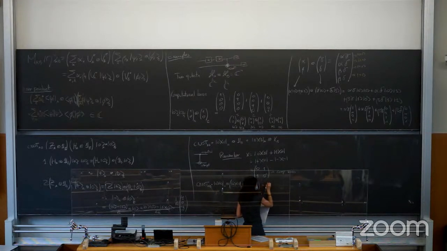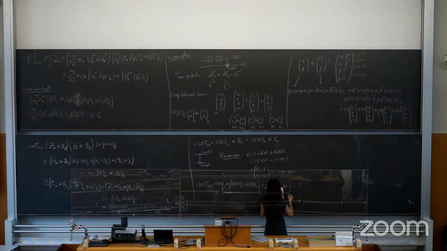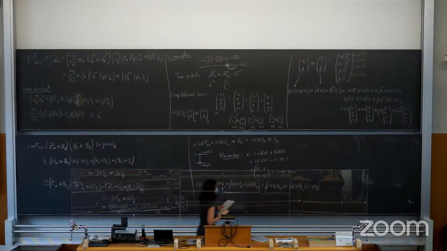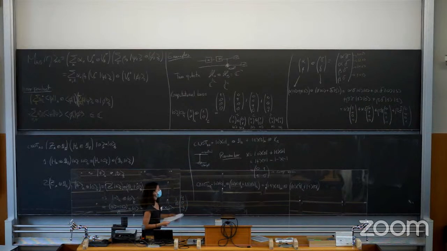Plus 1, 1 on A tensor X on B. Okay, now we have 4 terms, and let's write them all.